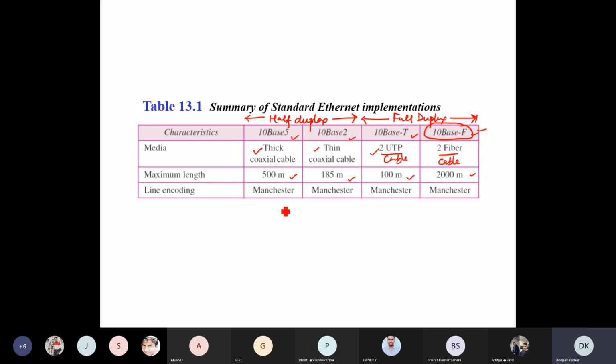Each implementation supports the Manchester line coding technique. This 10, as already discussed in the previous lecture, represents the maximum bit rate that can be supported, meaning 10 Mbps of data.